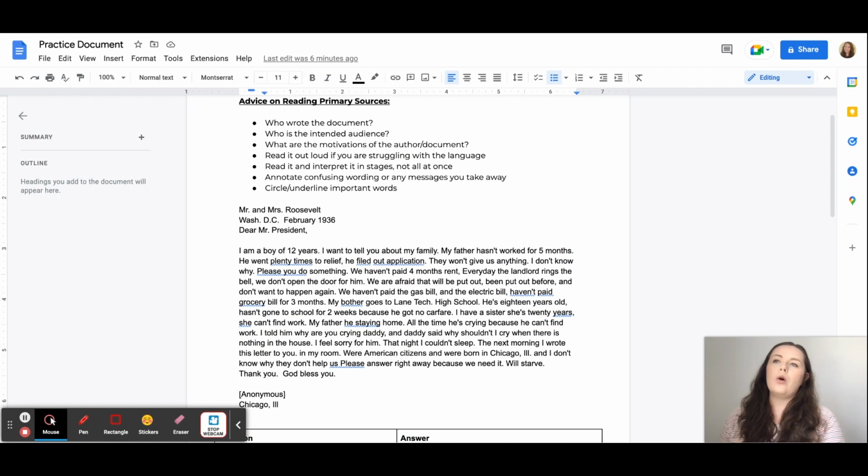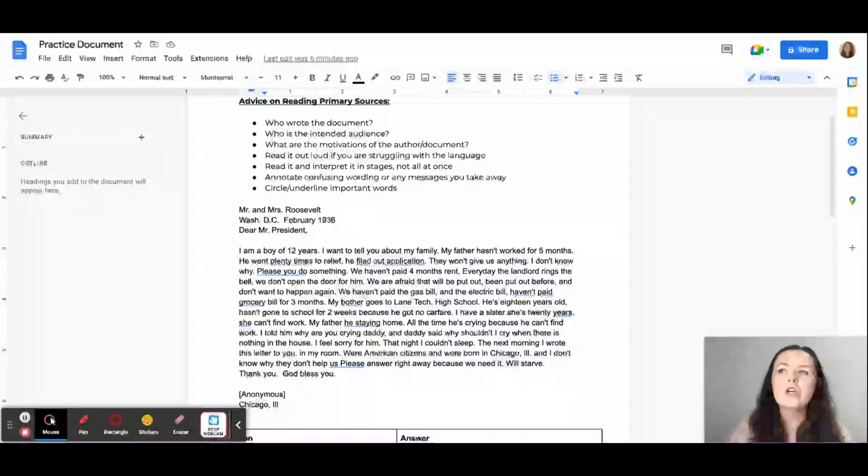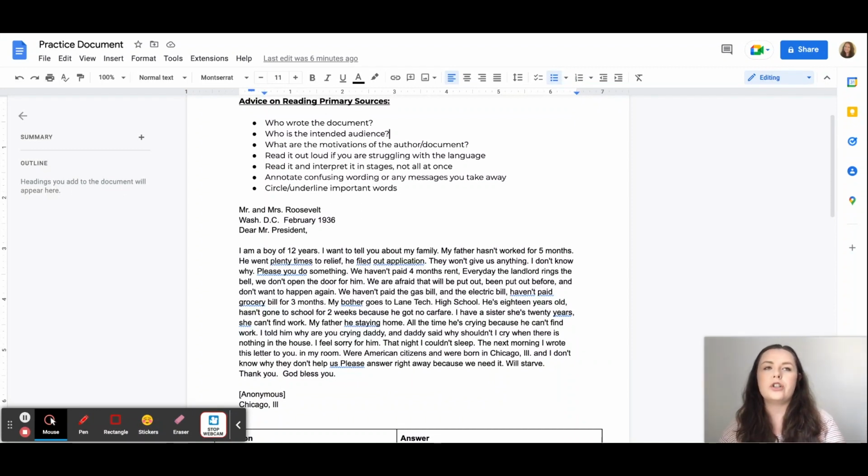If someone is writing from a certain political party and they're making a political speech, talking to their potential constituents or voters, they're going to be talking about issues that relate to those voters. They're going to make a lot of promises that might not come true, right? That's the context for a political speech.